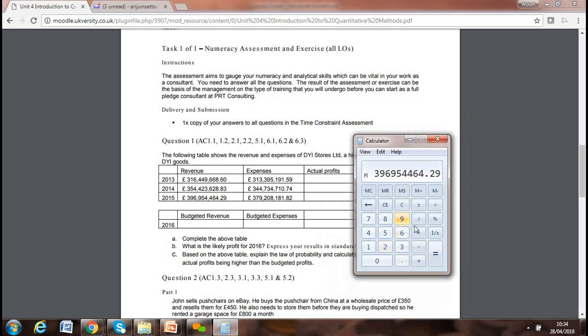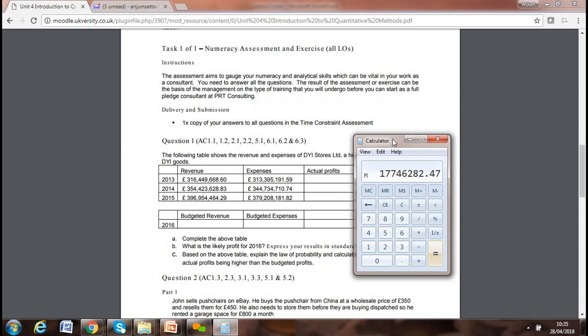3969464.29 minus 379,208.1 point. Put the figures just here.